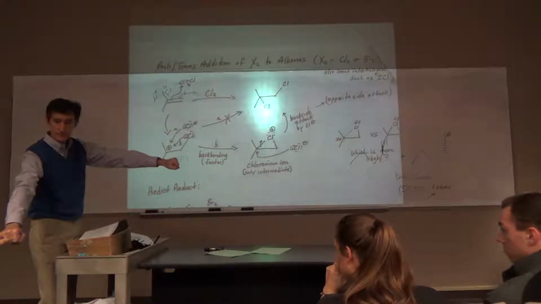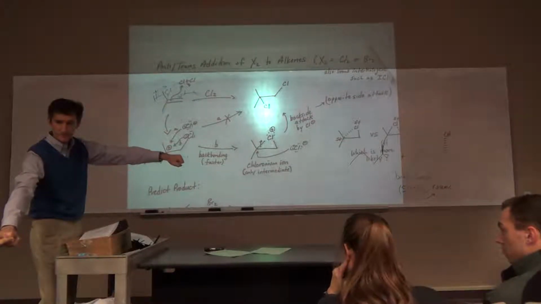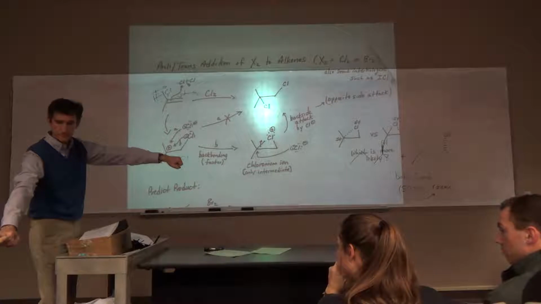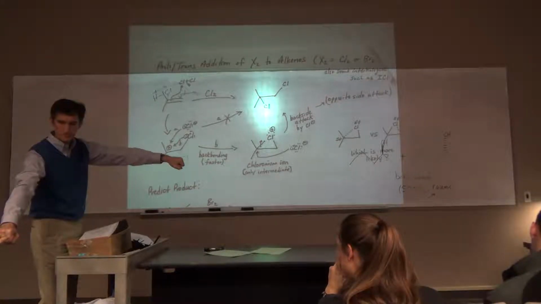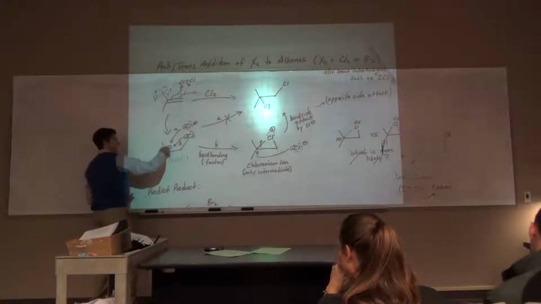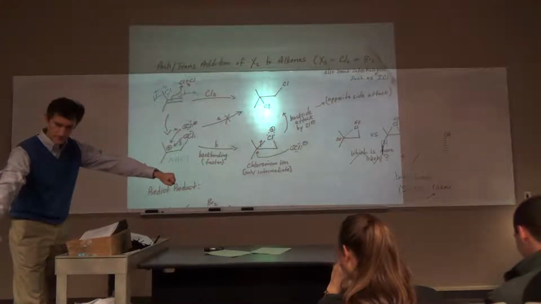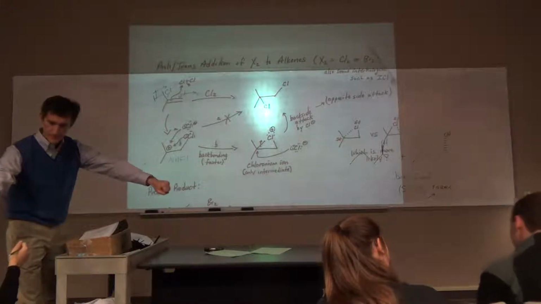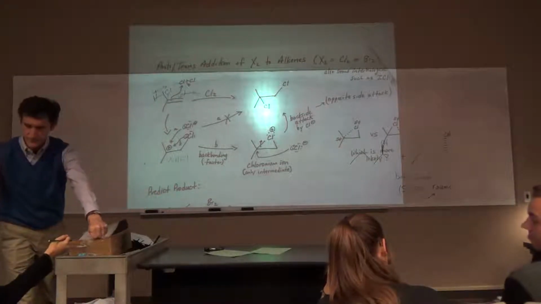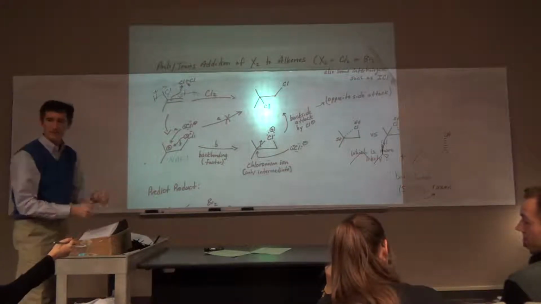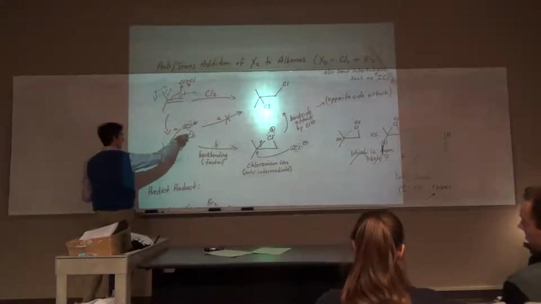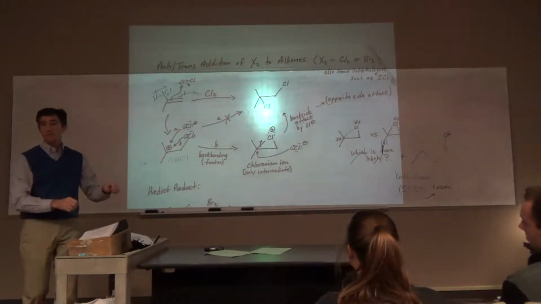What's going to happen next? This is a cation. You're going to back bond to the cation. So back bond, one more hand. And we make a 3-membered ring. Okay? Back bond and make a 3-membered ring. But here it is.